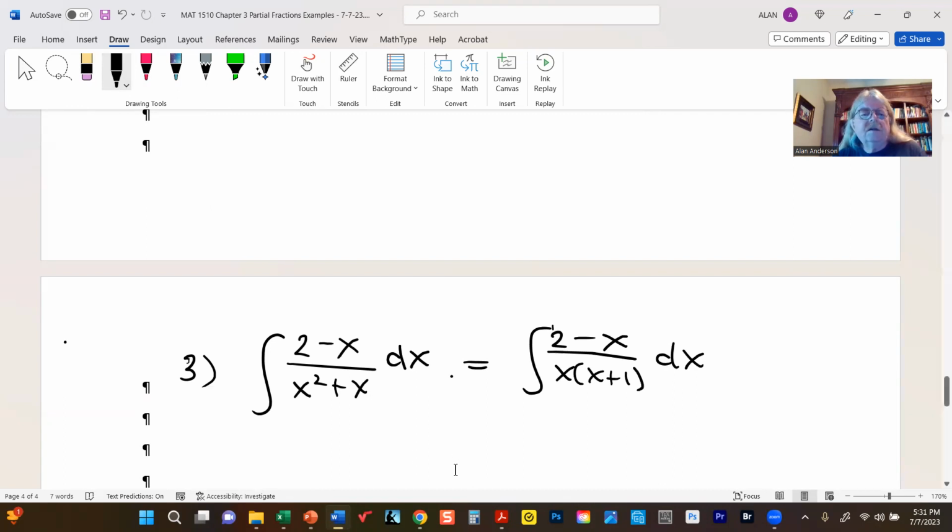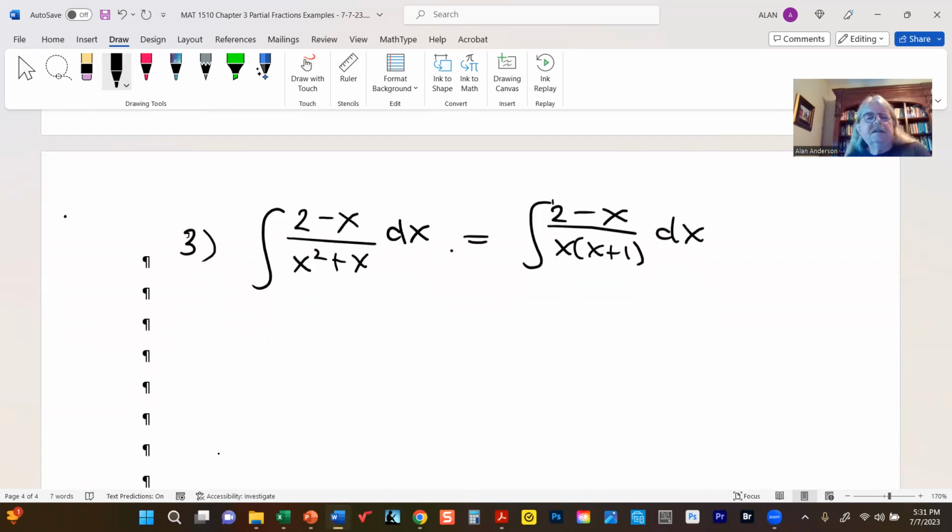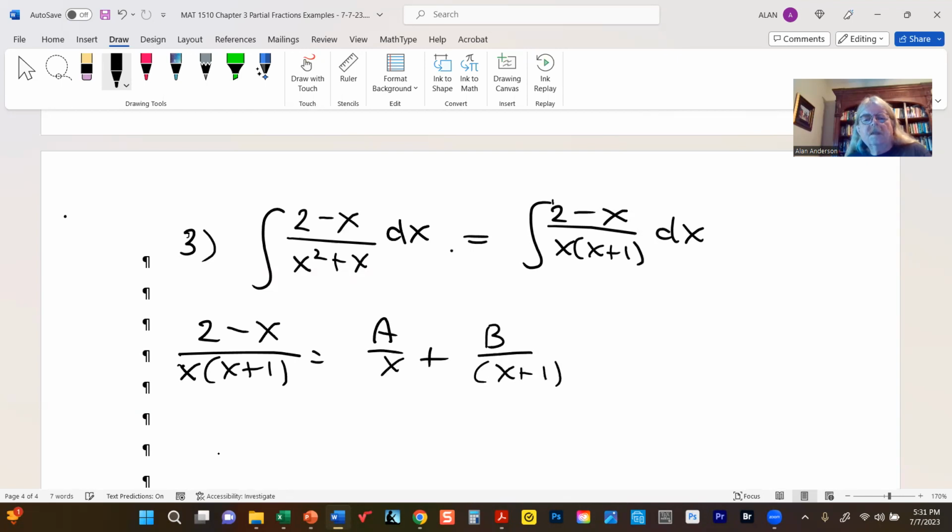Okay, so now we use our favorite technique. All right, so now we need a common denominator.